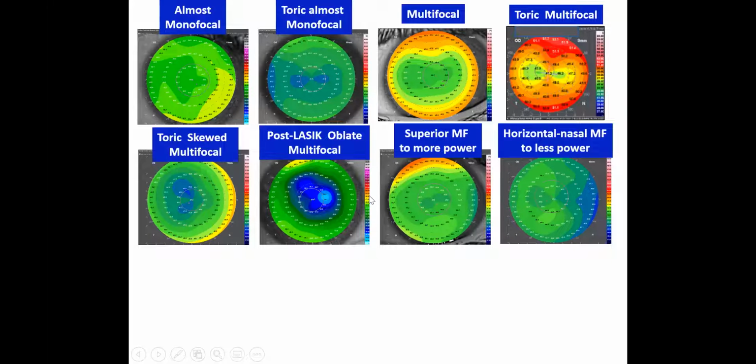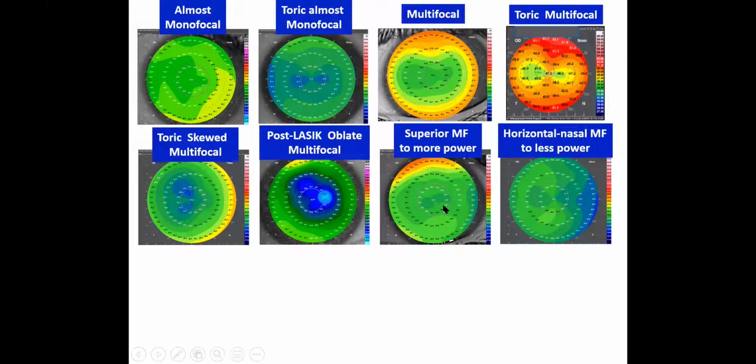Remember that this map doesn't mean curvature. These maps represent how the light rays cross and focus after crossing the cornea. So we have almost monofocal, toric monofocal, multifocal, toric multifocal, skewed multifocal, toric, post-LASIK with some decentration.